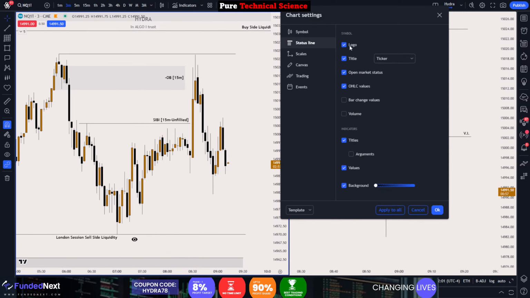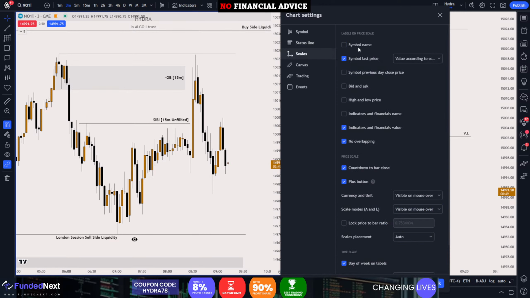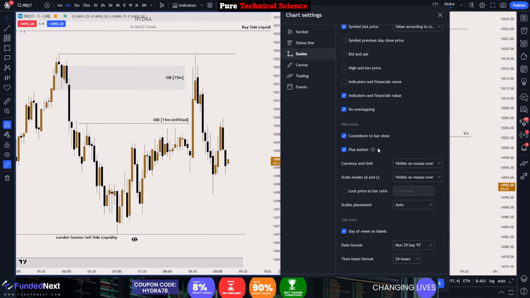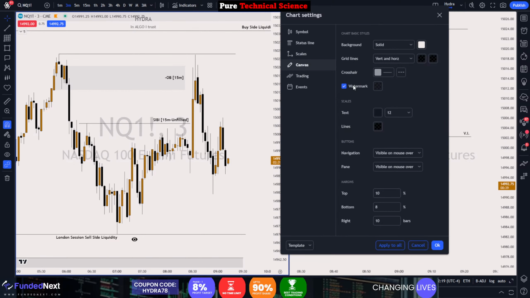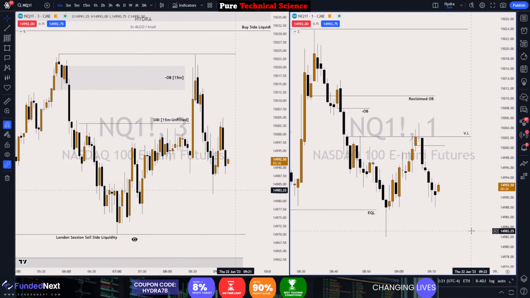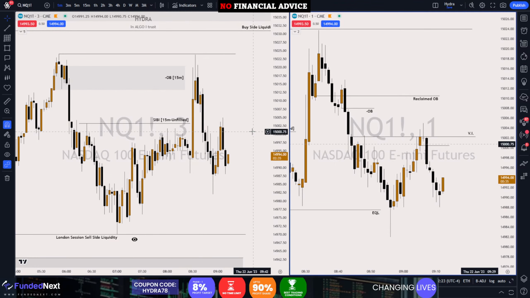Precision, symbol, logo, title, indicator, title, scale. Oh, the watermark. It's good now. Look at the chart now. It's looking messy.